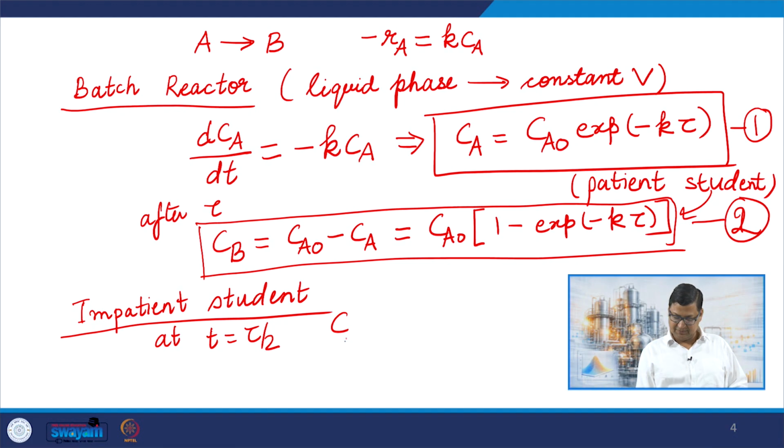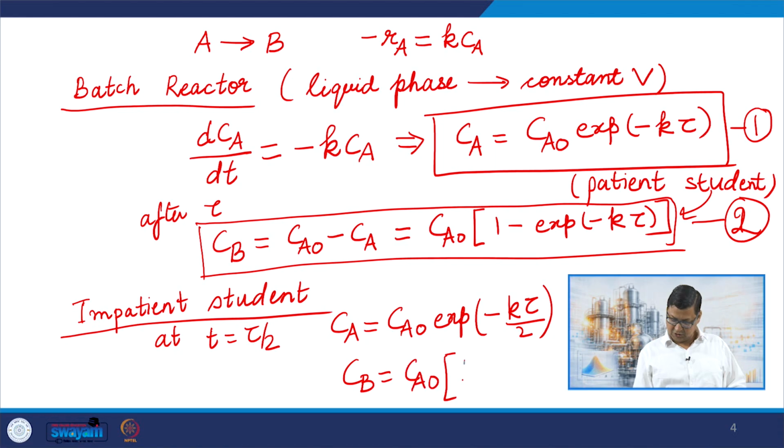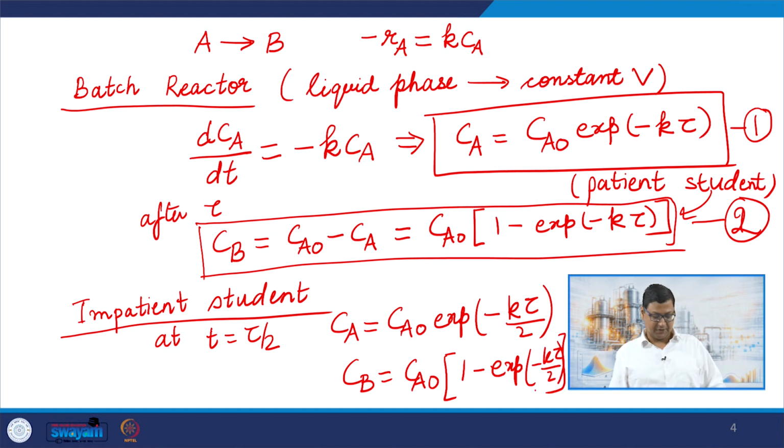So, we will have CA is equal to Ca naught exponential of minus K, and now the time is tau by 2, and CB is equal to Ca naught times 1 minus exponential of minus K tau by 2. And now at this particular time, he is basically adding another volume V of the feed solution.